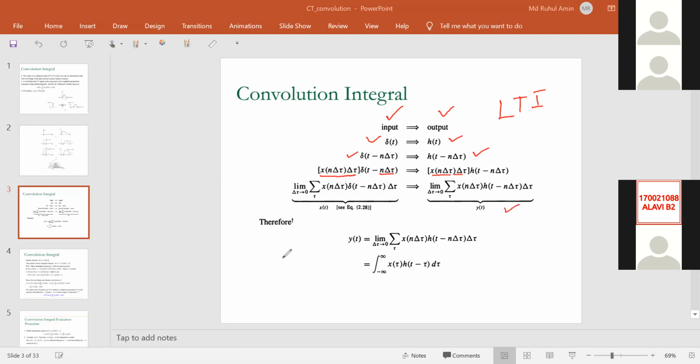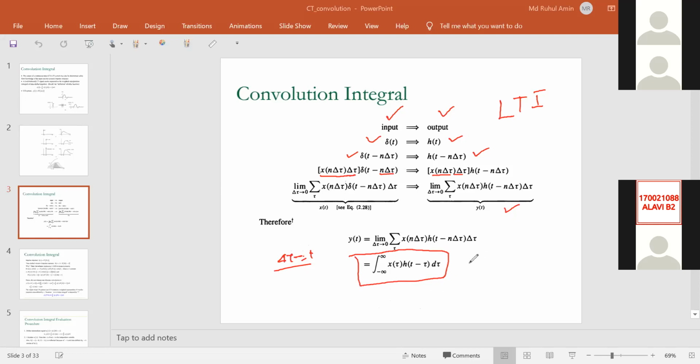When the shift delta tau tends to 0, the sum becomes a continuous integral, and that continuous integral is this. This integral is called the convolution integral. Probably you have seen this integral earlier for two functions.